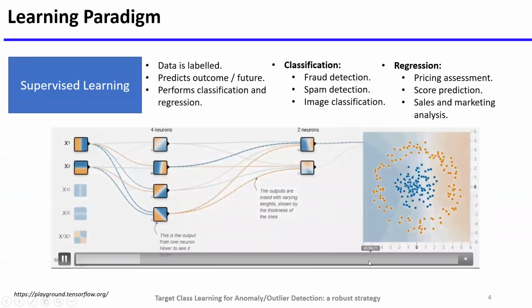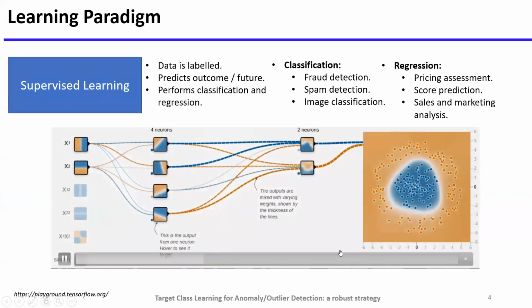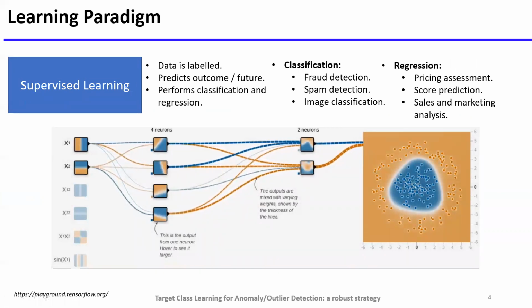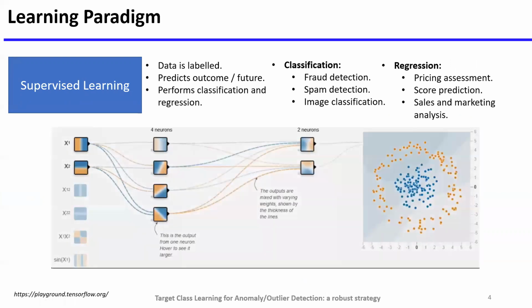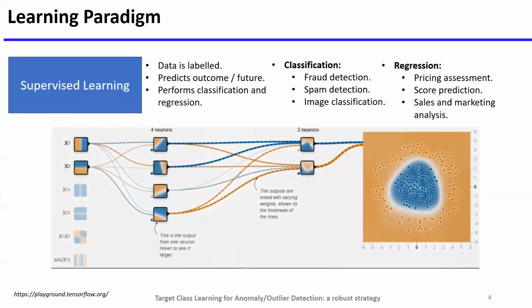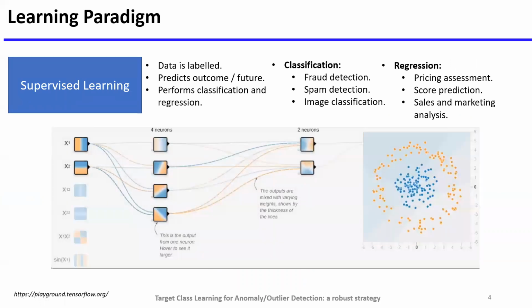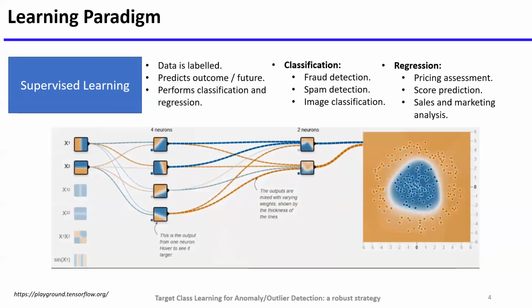As we all know, we are flooded with data, but we are starving for knowledge. Due to this present situation, learning strategies have become very crucial for our various day-to-day applications. We all know that supervised learning is one of the techniques widely used for many of our real-time applications.